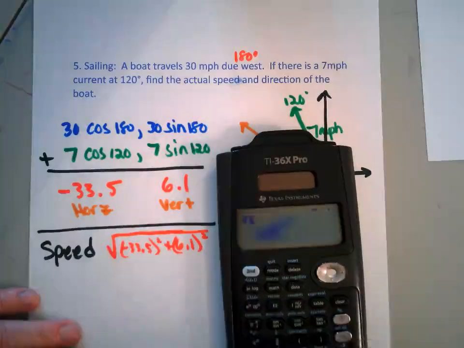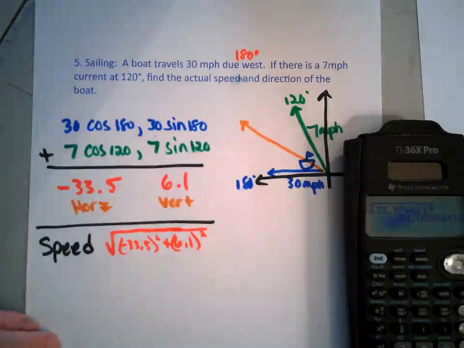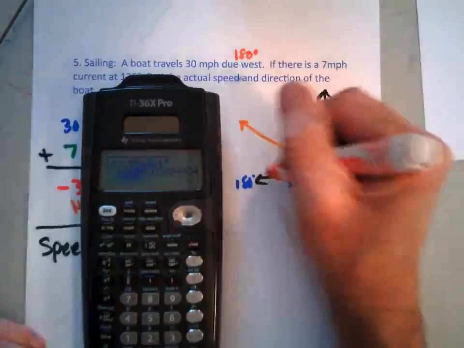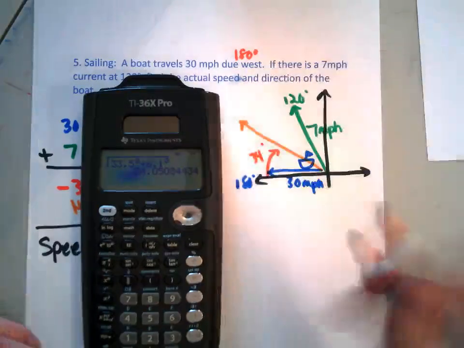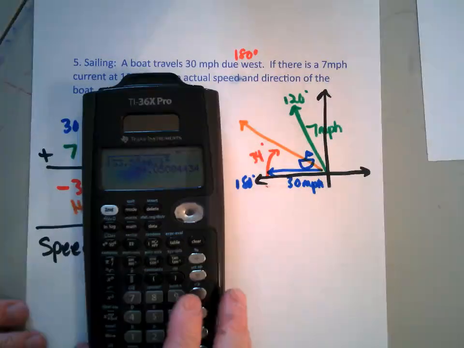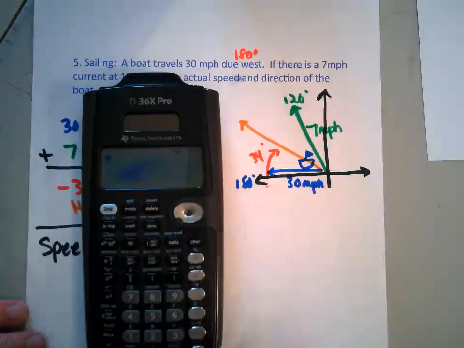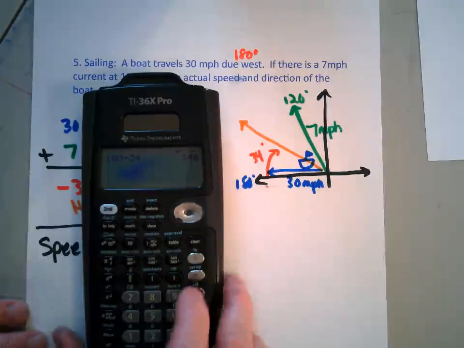So the square root of 33.5 squared plus 6.1 squared gives us 34. Why is it just 34? Because that's a reference angle, so we have to use 34 degrees from the horizontal. So 180 subtract the 34 degrees is 146 degrees.